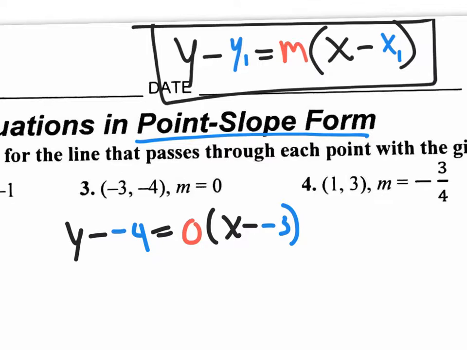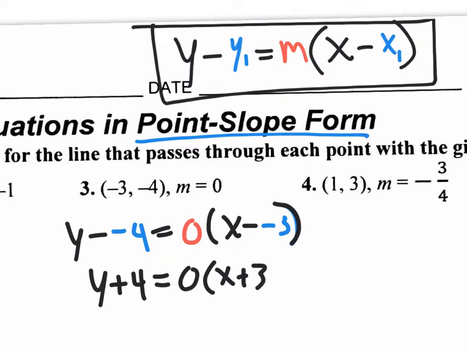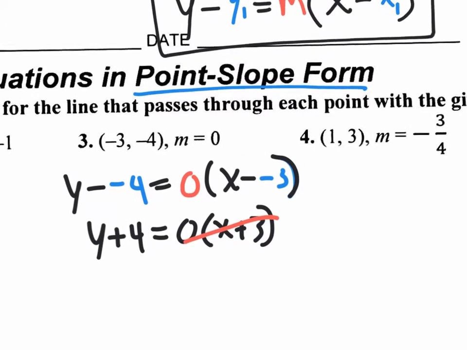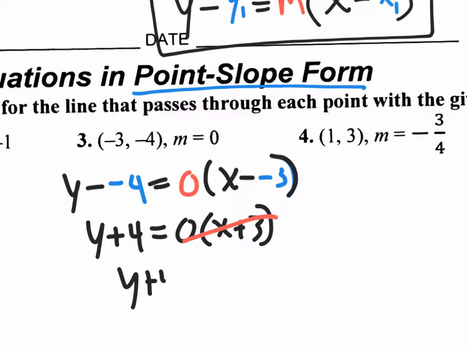Sorry, I should have closed the parentheses in black. Anyhow, we really have y plus 4 equals 0 times x plus 3. And of course, 0 times anything is simply 0. So you could scratch that out, and you really have y plus 4 equals 0.